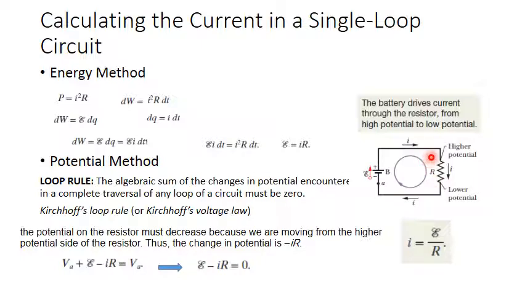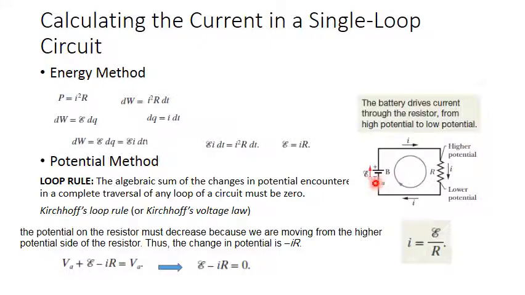If I'm talking about a resistor, the potential at the point where the current enters it is higher than the potential at the point where the current leaves it. So effectively, with this higher value and this lower value, the potential difference, this minus this, is negative.